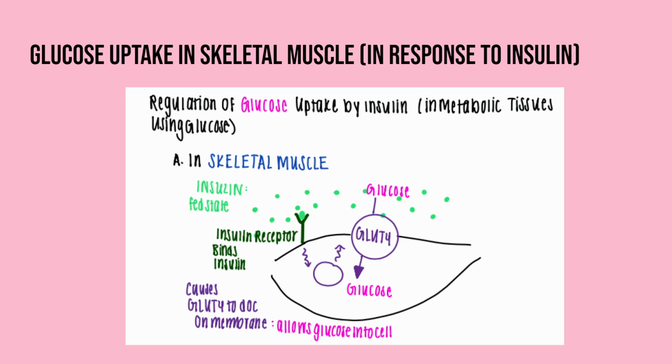Again, we have GLUT2 on the membrane, so glucose, once it arrives, can just diffuse right into the liver cell.